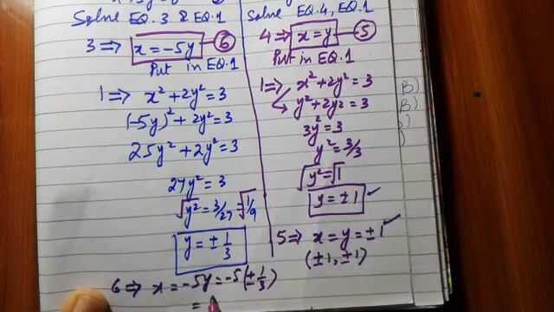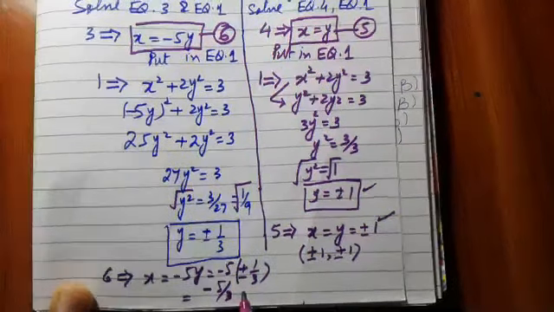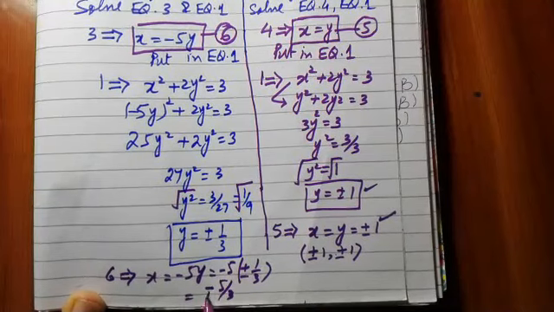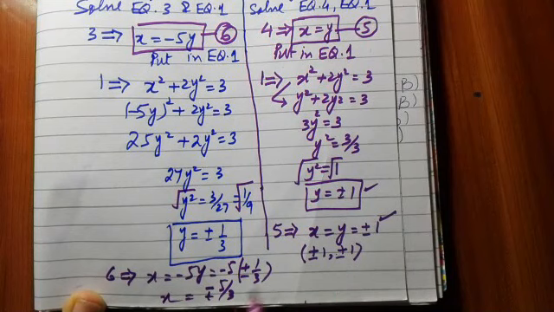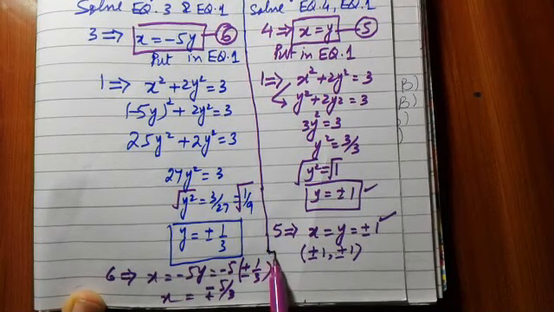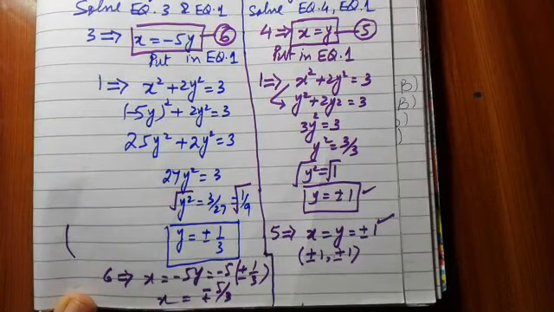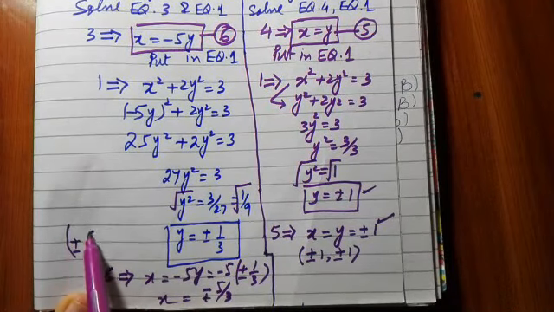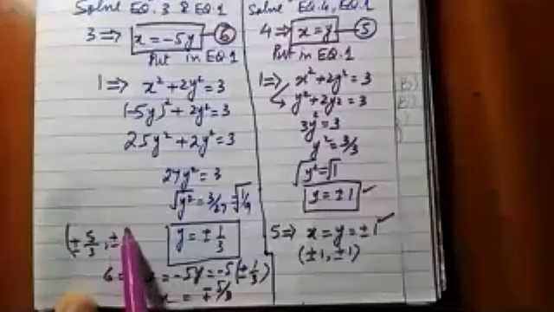So minus 5 by 3, and this negative sign will change the signs inside, so it will become again plus minus. So this will generate values of x. And for this part only, I will write the pair right here. x is plus minus 5 by 3, and its corresponding y values is plus minus 1 by 3.